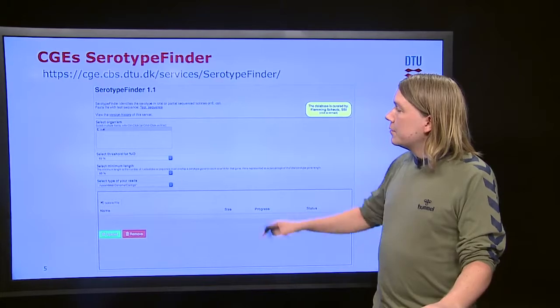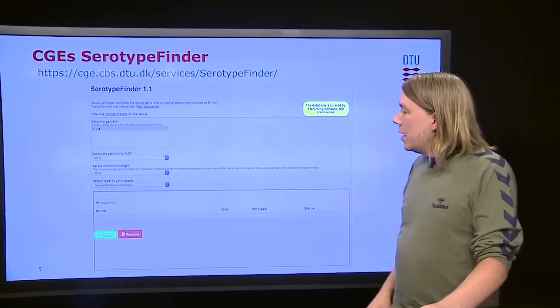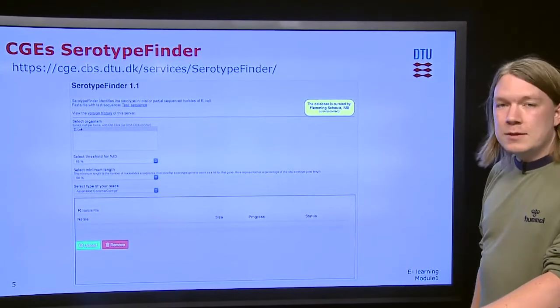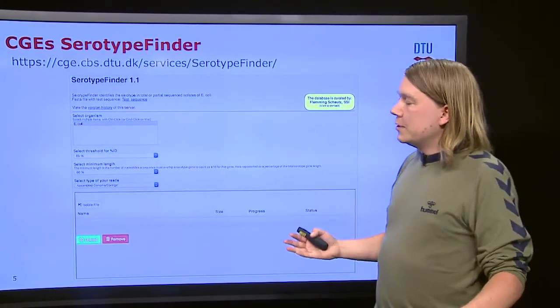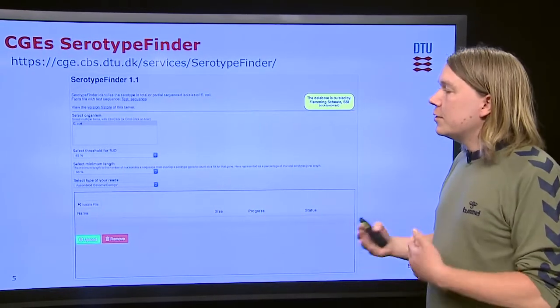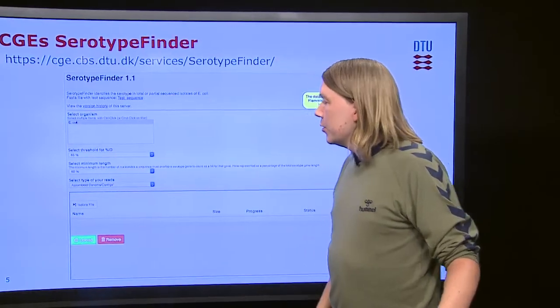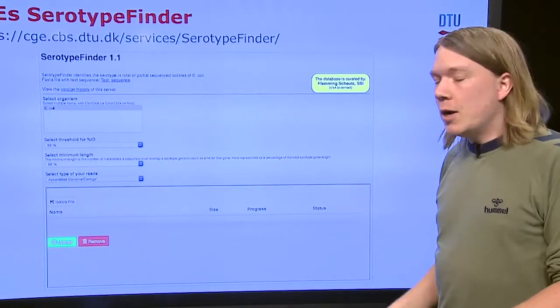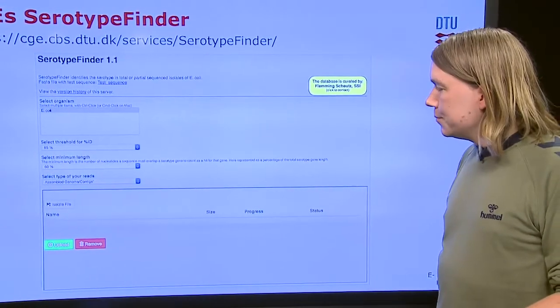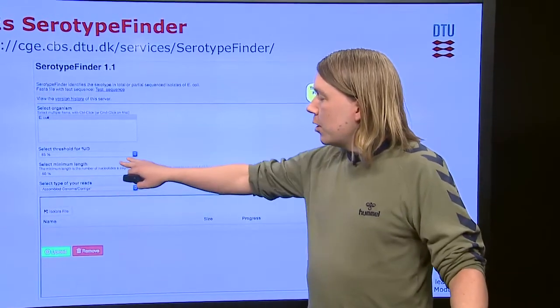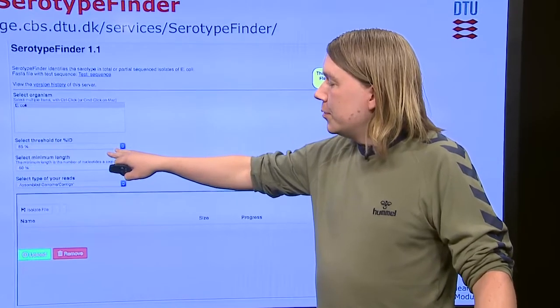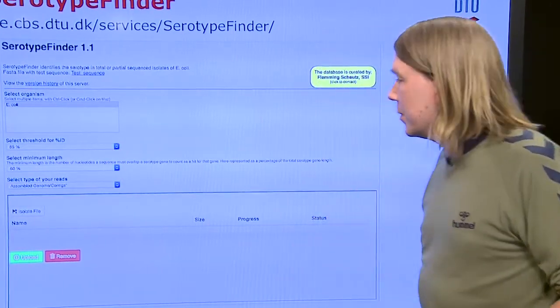So SerotypeFinder is found at this address, and the front page looks something like this. The tool was initially designed to hold several databases, but at the moment it only holds the E. coli one. So there are actually only three options that you need to be concerned about. The first one is the threshold for percentage of identification.